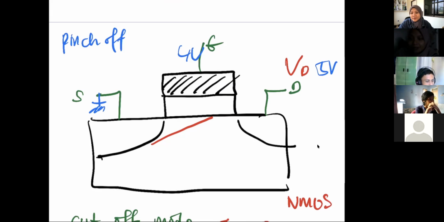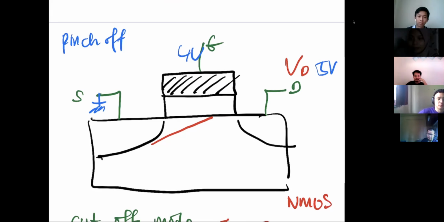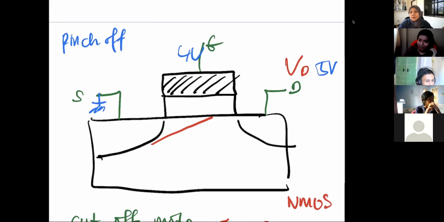Okay, Afiq, you can. So I think the answer relies on the back-to-back diode, in which the VDS side is a reverse bias diode, since we are applying a positive voltage on the drain.